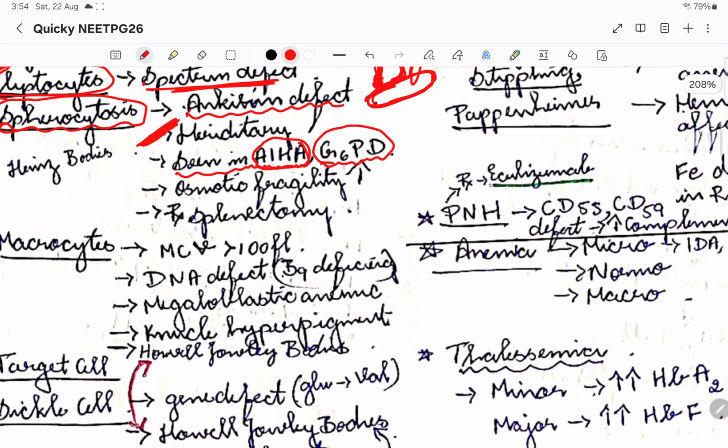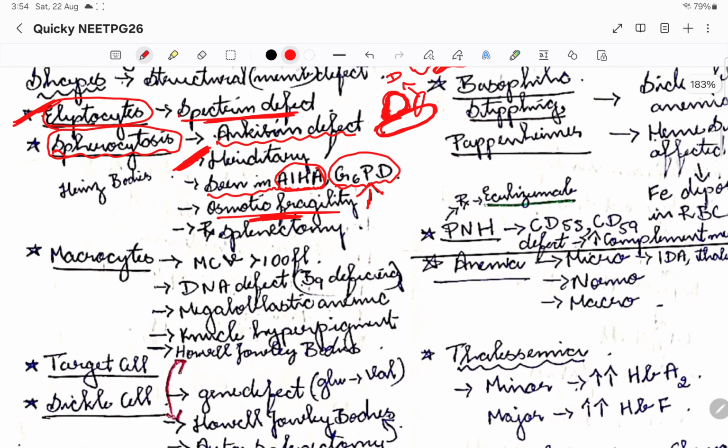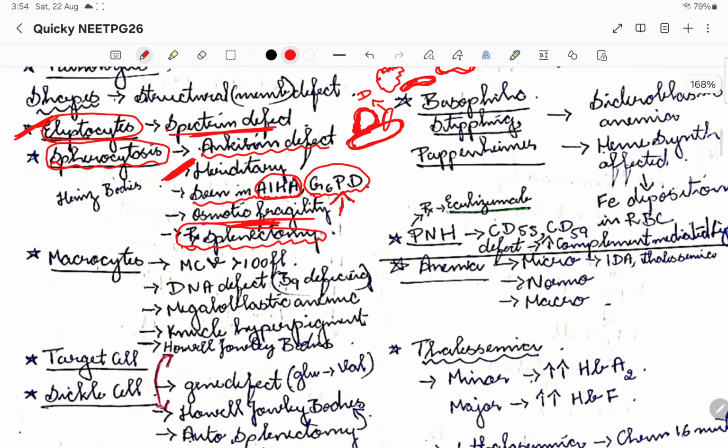Here there is a test called osmotic fragility where we test the fragility of the RBCs after putting them into an osmotic solution. There is increased osmotic fragility in spherocytosis. So the major management would be splenectomy, because the spleen is where all these RBCs die, right?